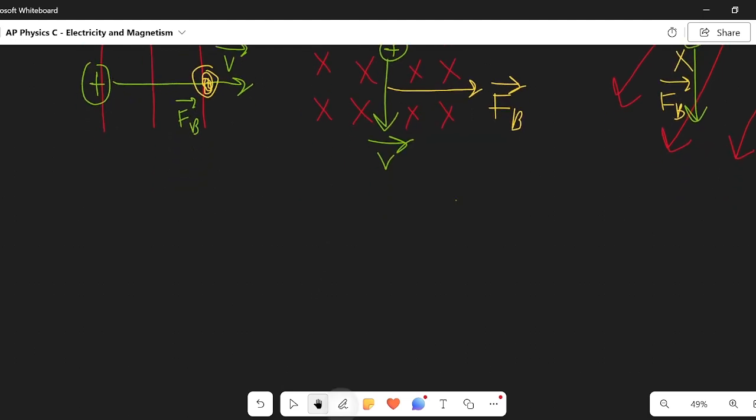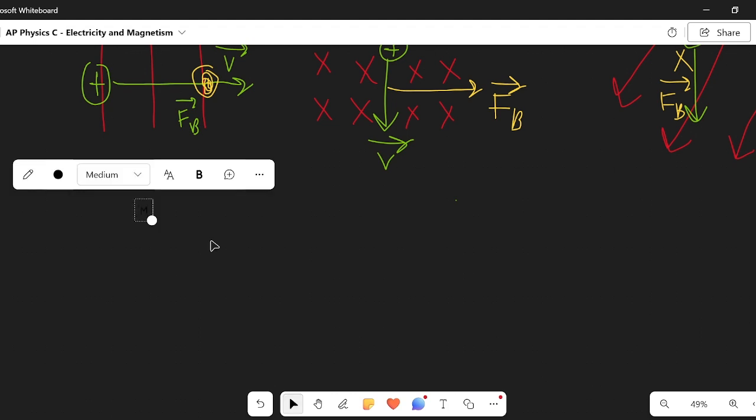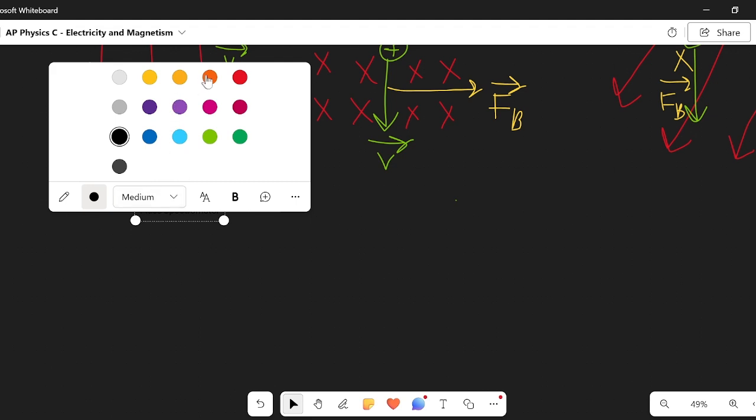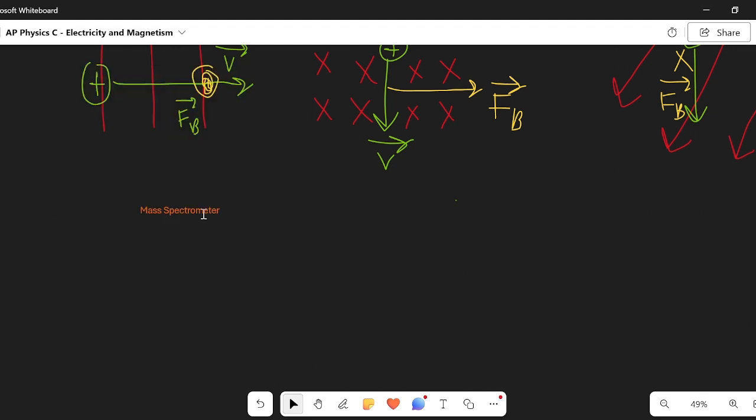Essentially, let's expand this a little, and we're going to do a mass spectrometer.